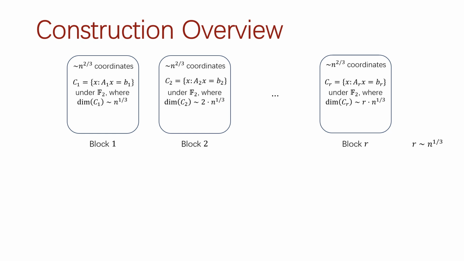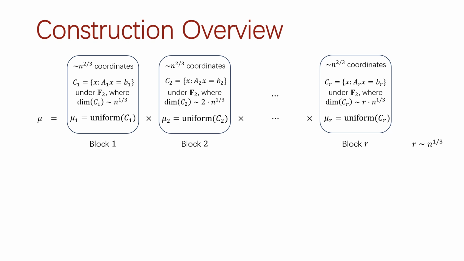In each block, we choose a random affine space over F2. The ith affine space has roughly i times n to the 1/3 dimensions. The local distribution inside each block i is uniform over its affine space, and the entire distribution is simply the product of these local distributions.